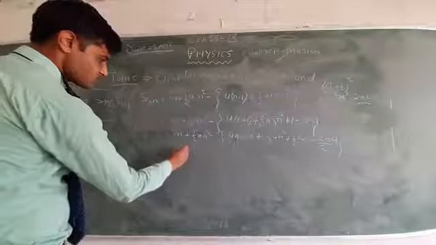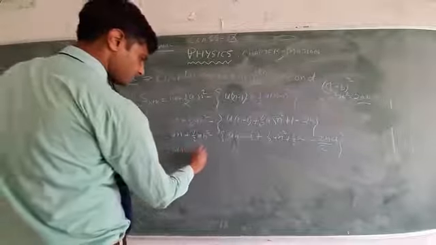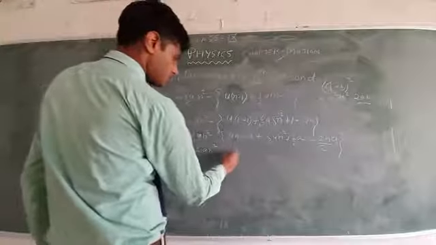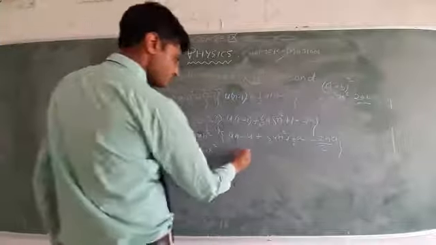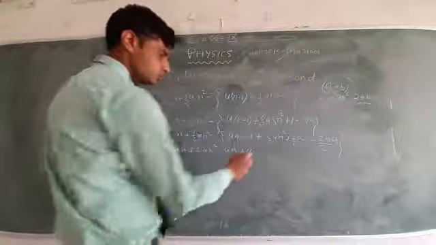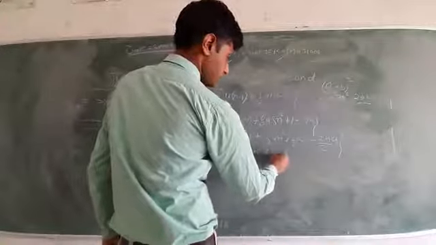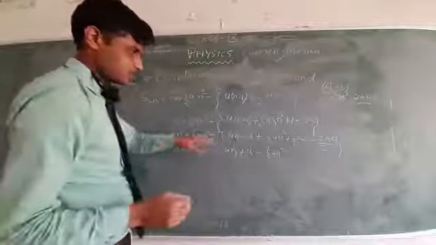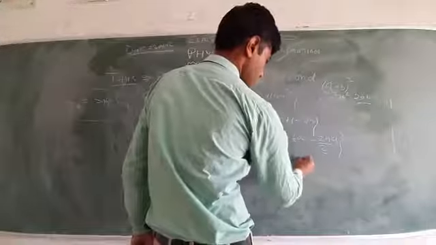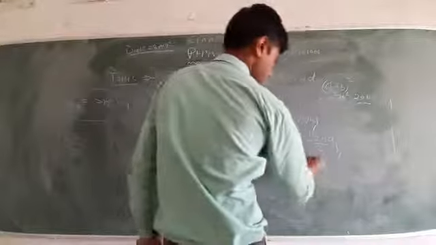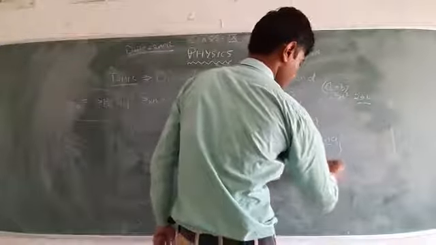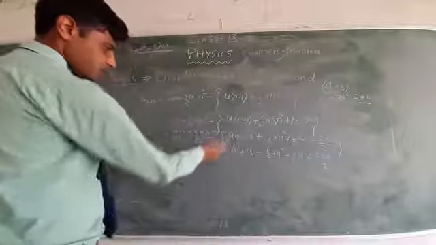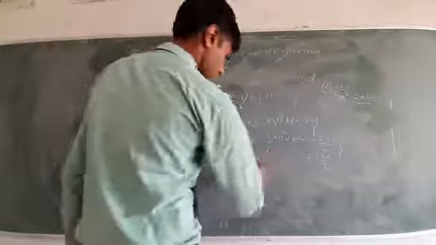So un plus 1 upon 2 an square minus un plus u minus 1 upon 2 a n square, minus 1 upon 2a plus 2na upon 2. So this value cancels with this value, and this value cancels with this.